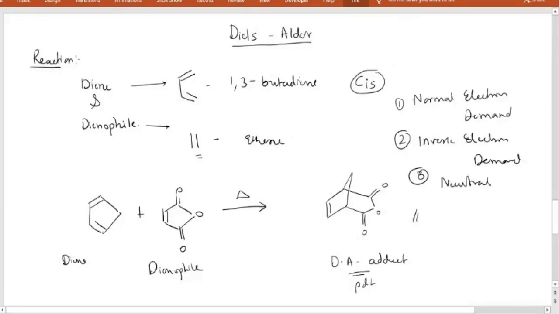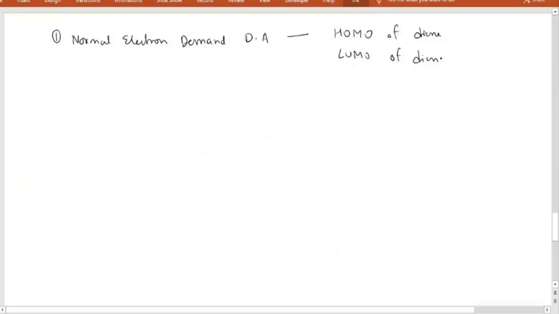That is the diene or dienophile, neutral electron demand, and it is neither normal nor inverse. Okay, it's a normal demand Diels-Alder reaction in which highest occupied molecular orbital of diene and lowest unoccupied molecular orbital of dienophile interact.